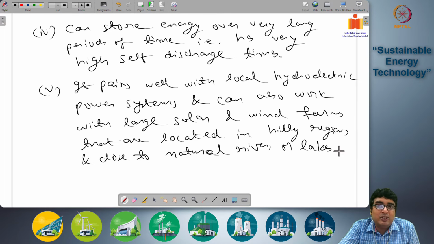Okay, especially it works well with local hydroelectric power systems, because you already have the pump, the turbine, the dam infrastructure, and the rivers are also usually in high altitude areas. So in all of these cases, pumped hydro is a natural energy storage medium of choice.